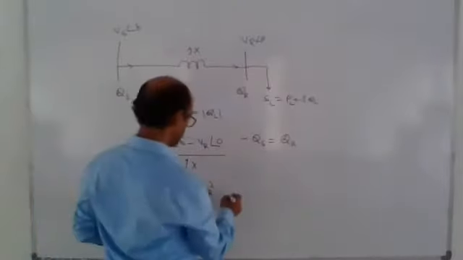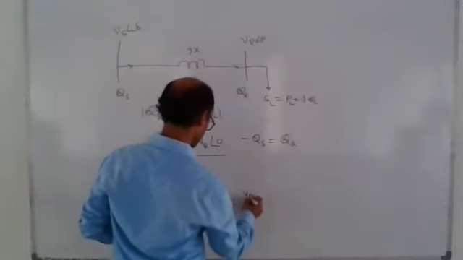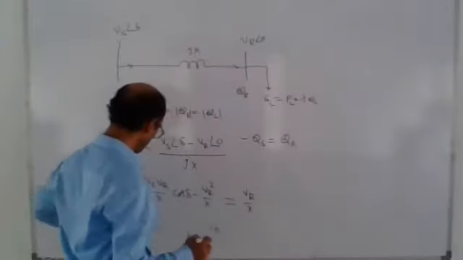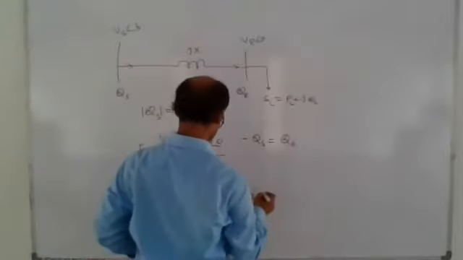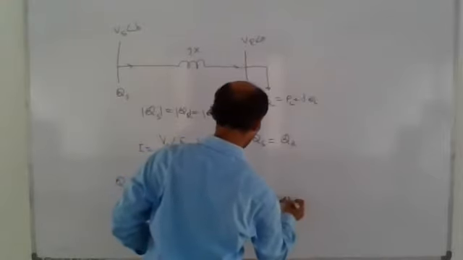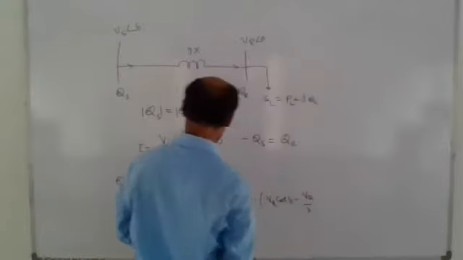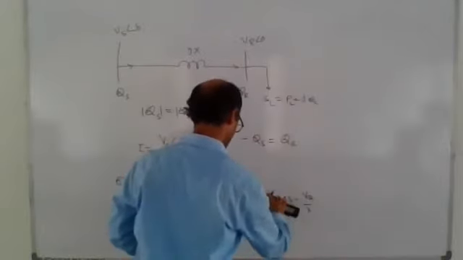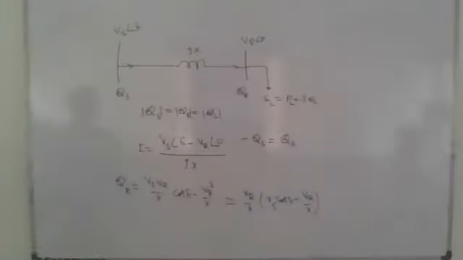Or you can write directly from here. If you take VR common, VR by X, simply you can keep this in mind. So VR by X, this is VR cos delta minus VS, this is VS, not VR. Can we write this equation in that manner? So what do we want to find?